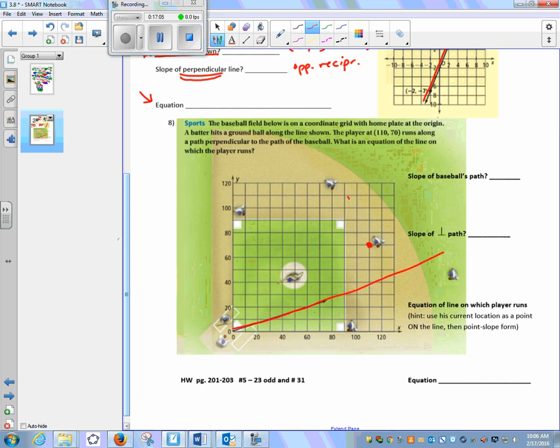You want a line that's perpendicular to that and contains this point. So, this is going to walk you through those steps, and you should see how you do on that. You should do that on your own and then come back and check your answers.